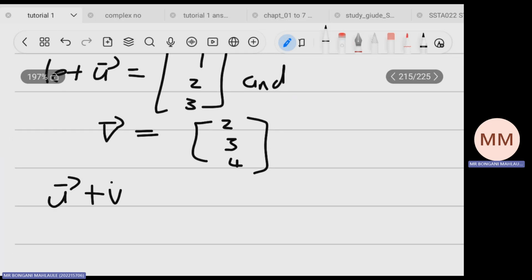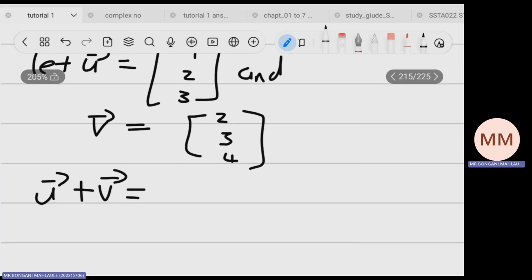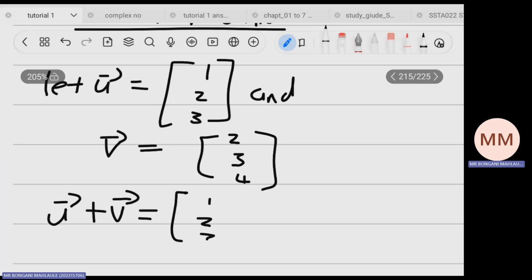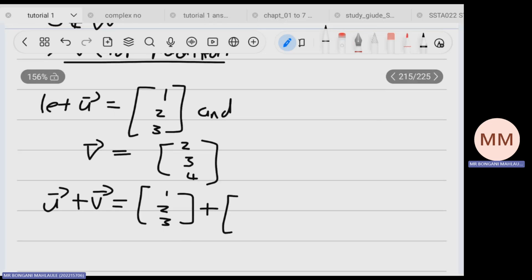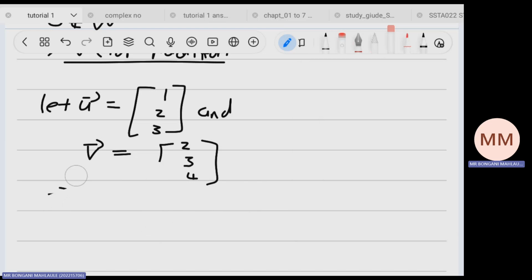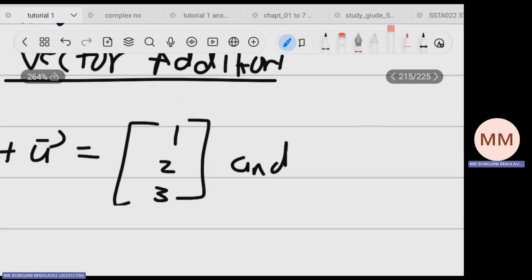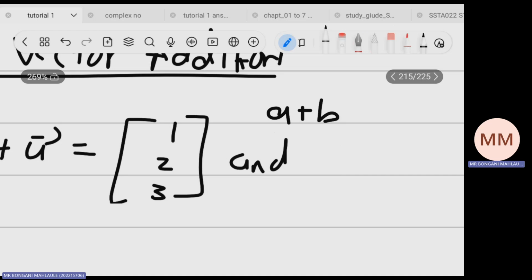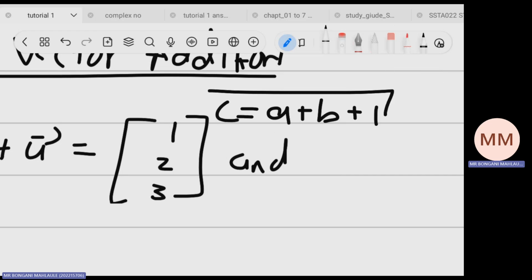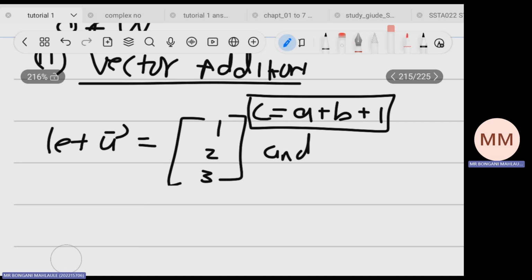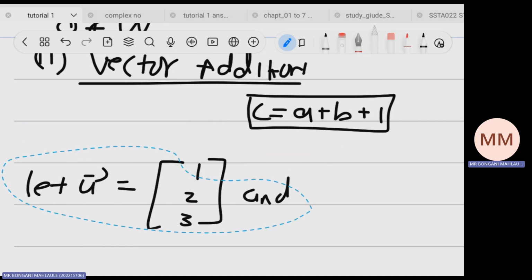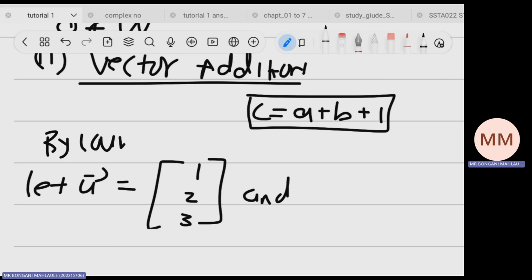So U plus V gives us... actually here, this is not correct. We should give a vector that will satisfy this condition, A plus B plus 1 is equal to C. So we must give such a counterexample.